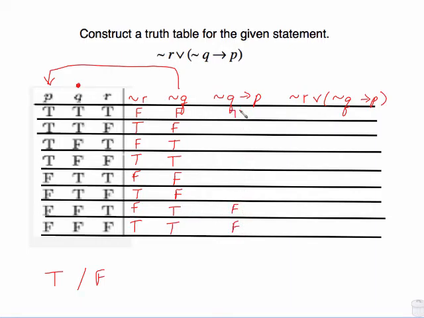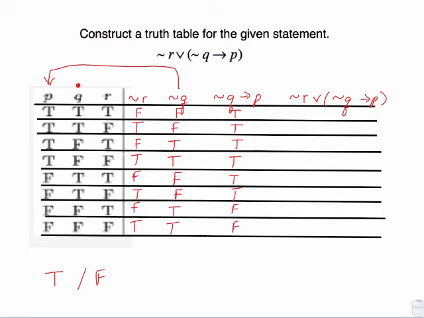These other entries will all be true, because the only time the conditional is false is if the premise is true and the conclusion is false. This is my premise column, because this is not Q in the front. So it would be those 2 rows.